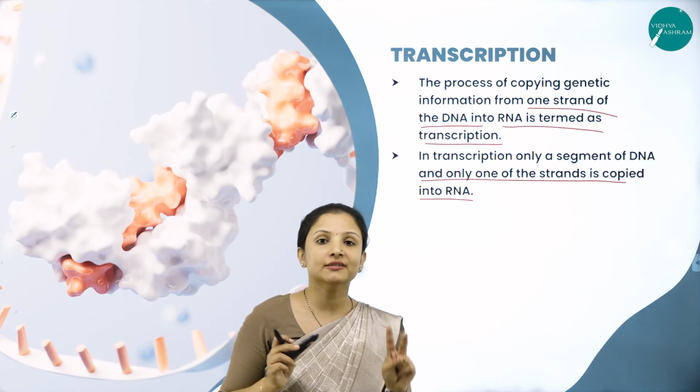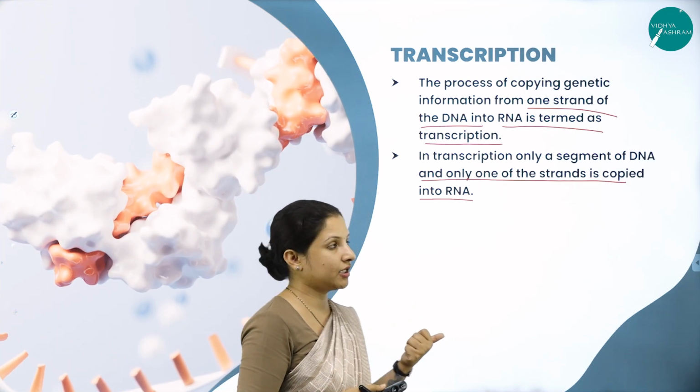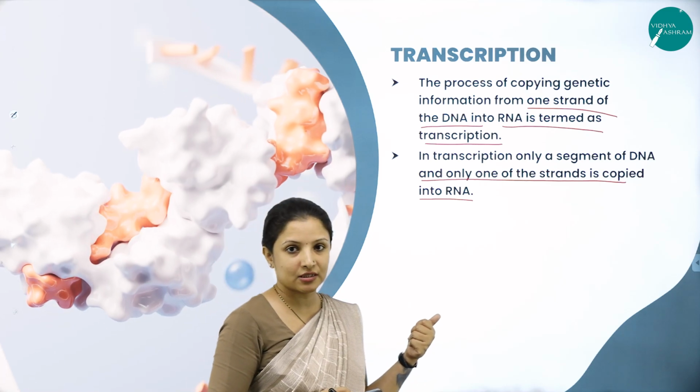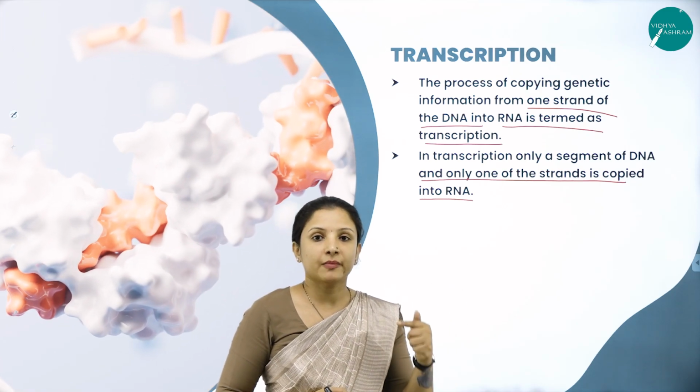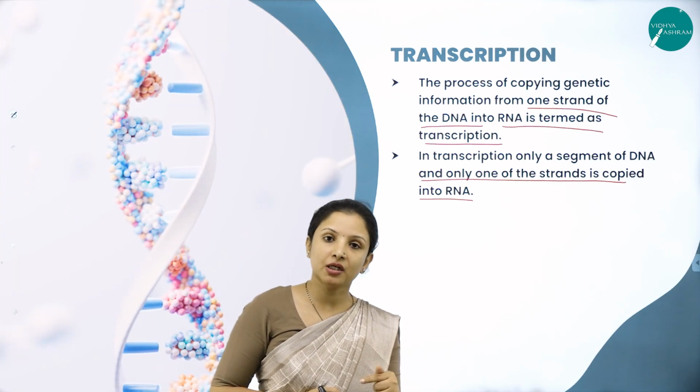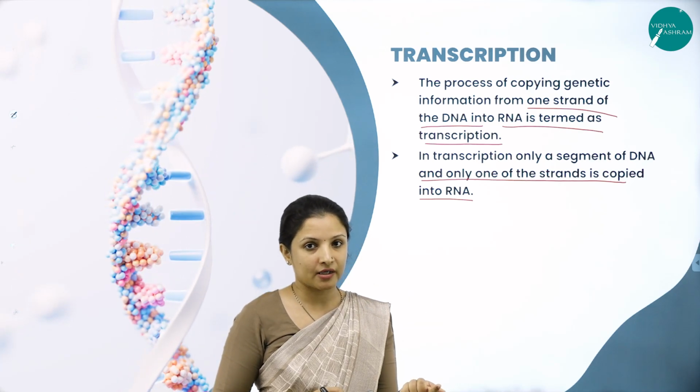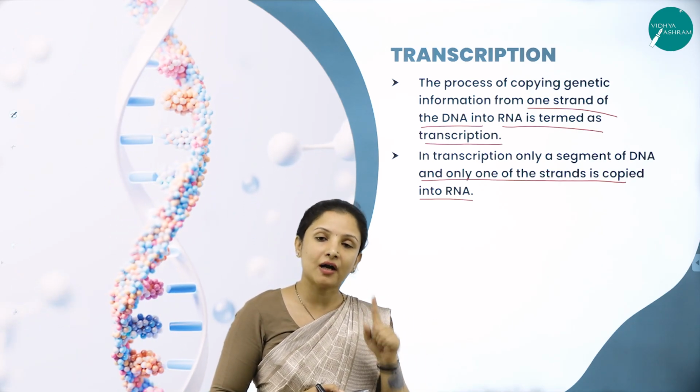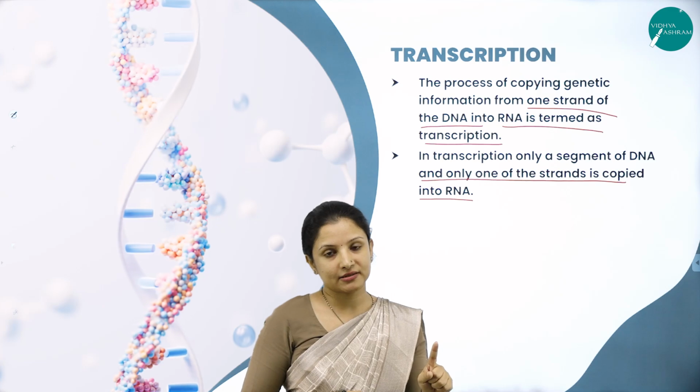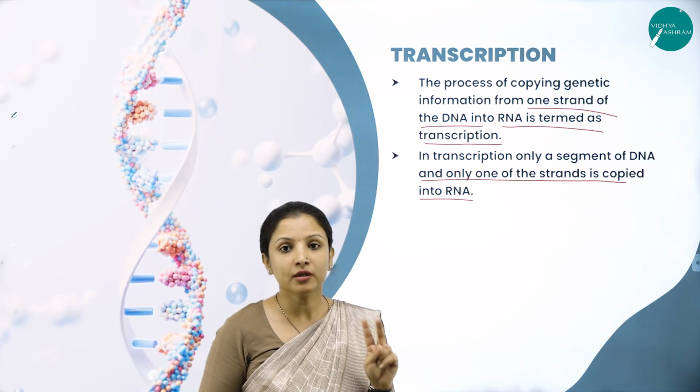So both the strands were involved. But in the case of transcription, wherein genetic material is copied from the DNA strand onto the mRNA strand, only one DNA strand will participate. Both the DNA strands will not participate.